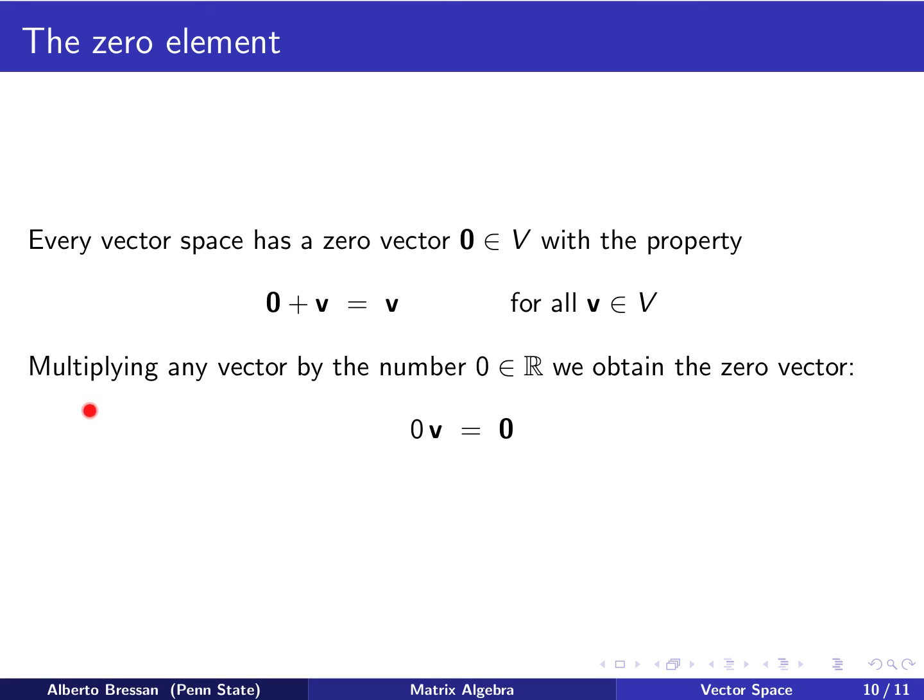And multiplying any vector by the number 0, we should obtain the 0 vector. That is, the number 0 times v, where v is any vector in the space, gives the 0 vector. So pay attention, that's a real number 0, and this boldface 0 is the 0 vector.